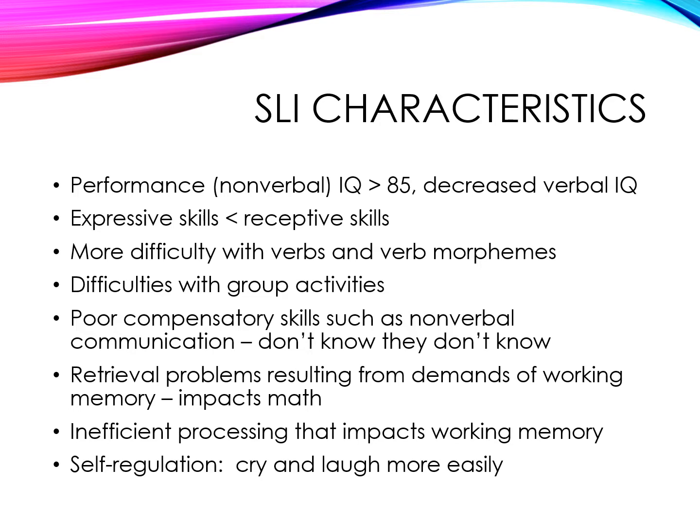Here are some more characteristics. Remember that performance IQ is always higher than 85. A child's overall IQ is made up of performance and verbal. Performance is usually timed and it's like matching puzzles and things. The child will be asked to match shapes and show a pattern.